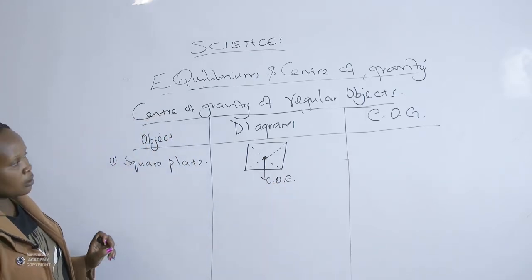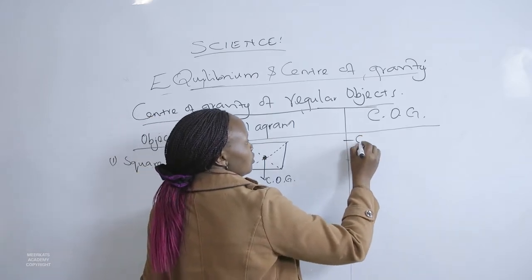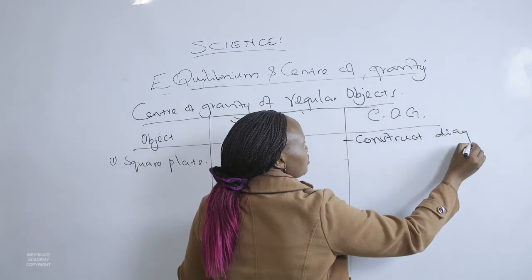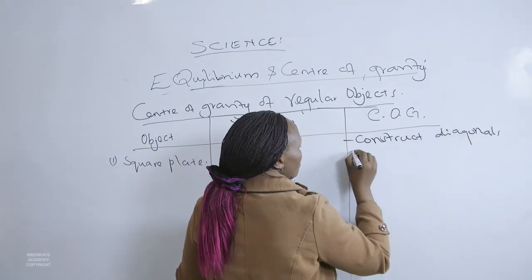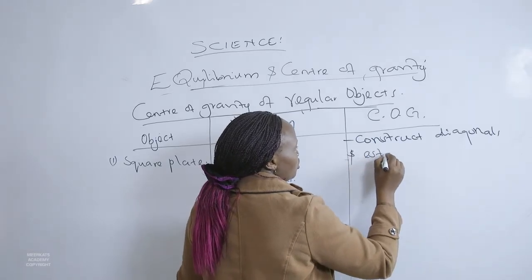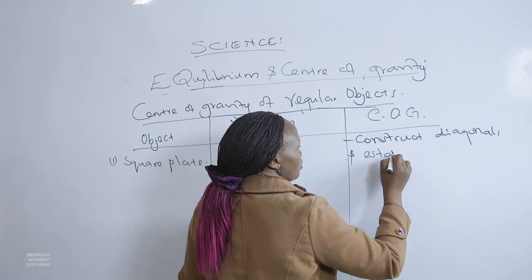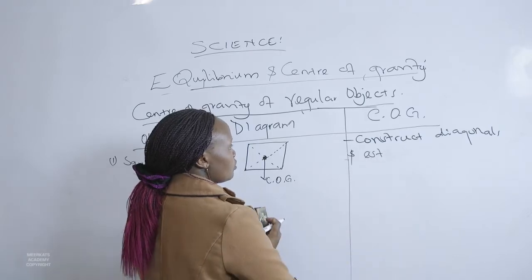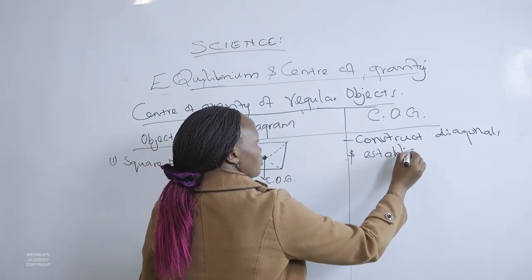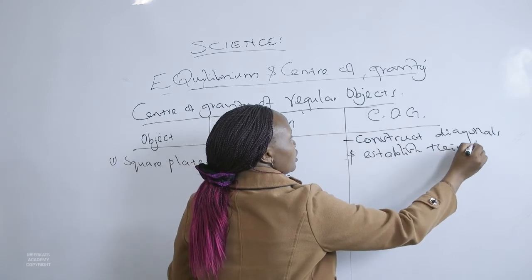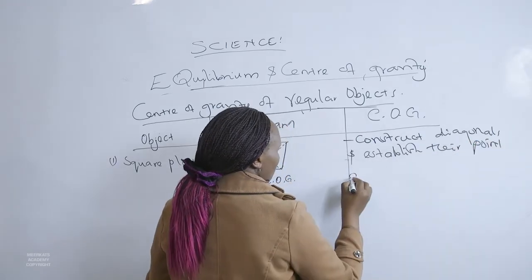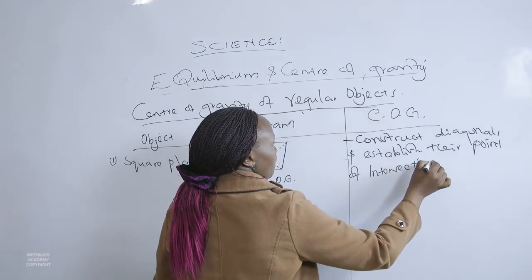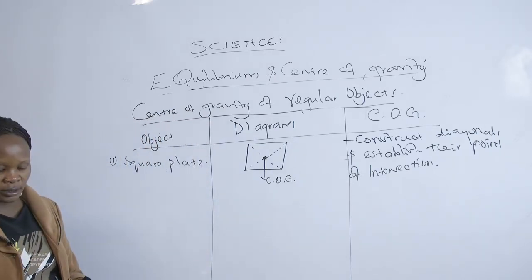So, how to achieve the COG? Construct diagonals and establish their point of intersection. That's for a square plate.